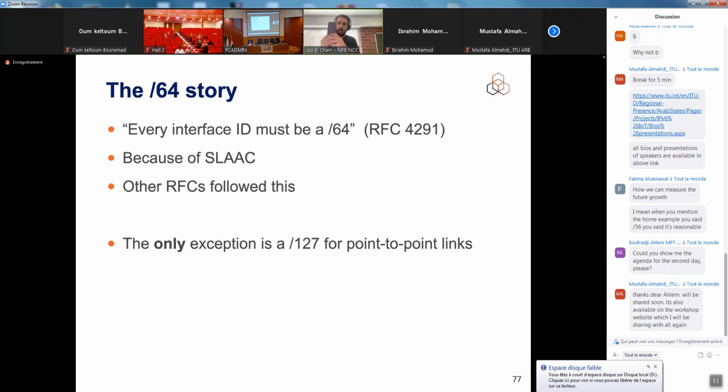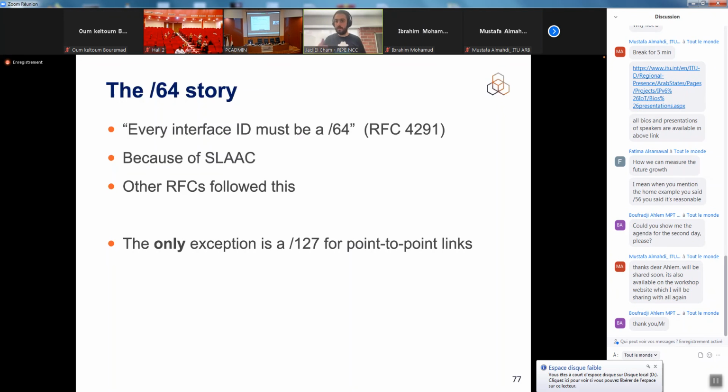So if my phone can generate the last 64 bits of a certain IPv6 address, then the network part should also be 64 bits, because 64 plus 64 equals 128, right? And that's why historically we said every network prefix, subnet prefix, should be a /64. And then other RFCs, again, RFCs stands for request for comments.